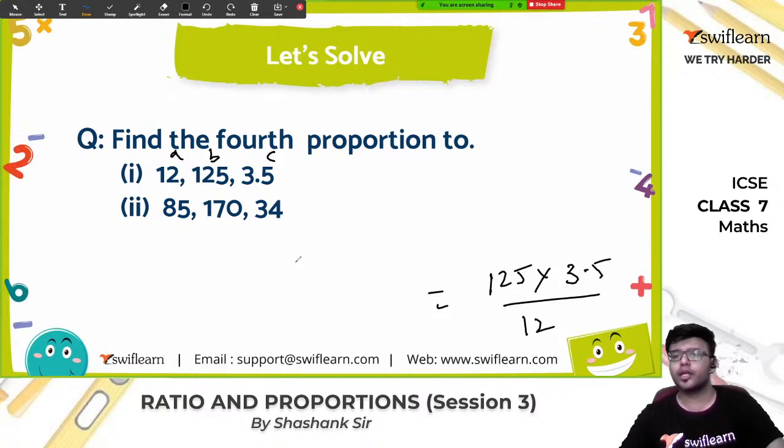Now can you multiply this? Any division possible? Not possible. So yes, let me divide then. So we have to do 125 into 3.5 first. Okay, do this first, guys.